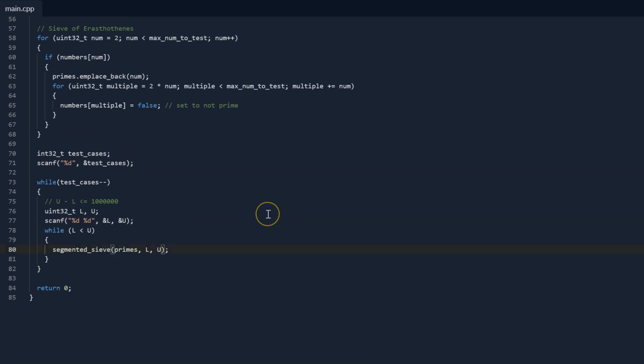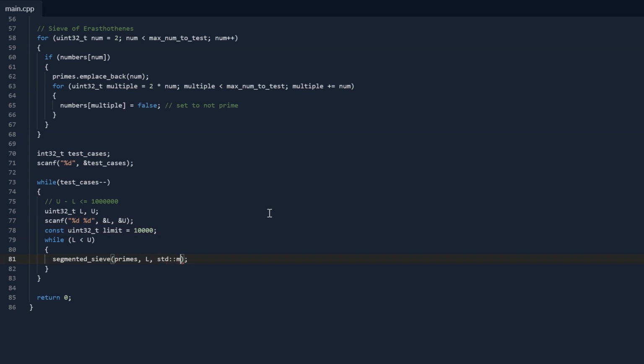We can call it with a much smaller number, let's say we call it limit, and let's take a limit of 10,000. And what we do here is we take the minimum of U plus 1 and L plus limit, right? So at any moment of time, we are calling segmented sieve on this range, L plus limit.